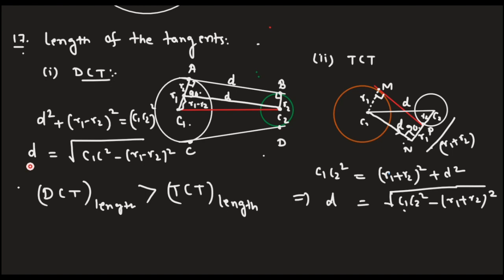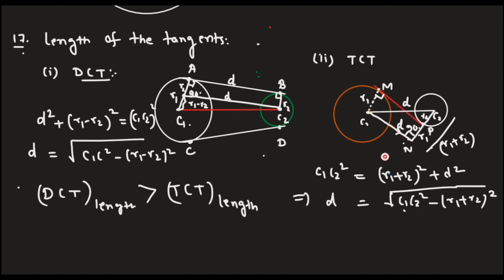For the transverse common tangent, we are actually making one rectangle with one side MP and the other side C1M. This is C1. Two adjacent sides are given, which are perpendicular, with a 90 degree angle between them: one is C1M, another is MP. So we complete the rectangle. After completion of the rectangle, this length we are going to calculate. This part is R1 and this part is R2, and the total is R1 plus R2. So in the base of the triangle you are getting R1 plus R2, and this length, which I denoted by D, we want to calculate.